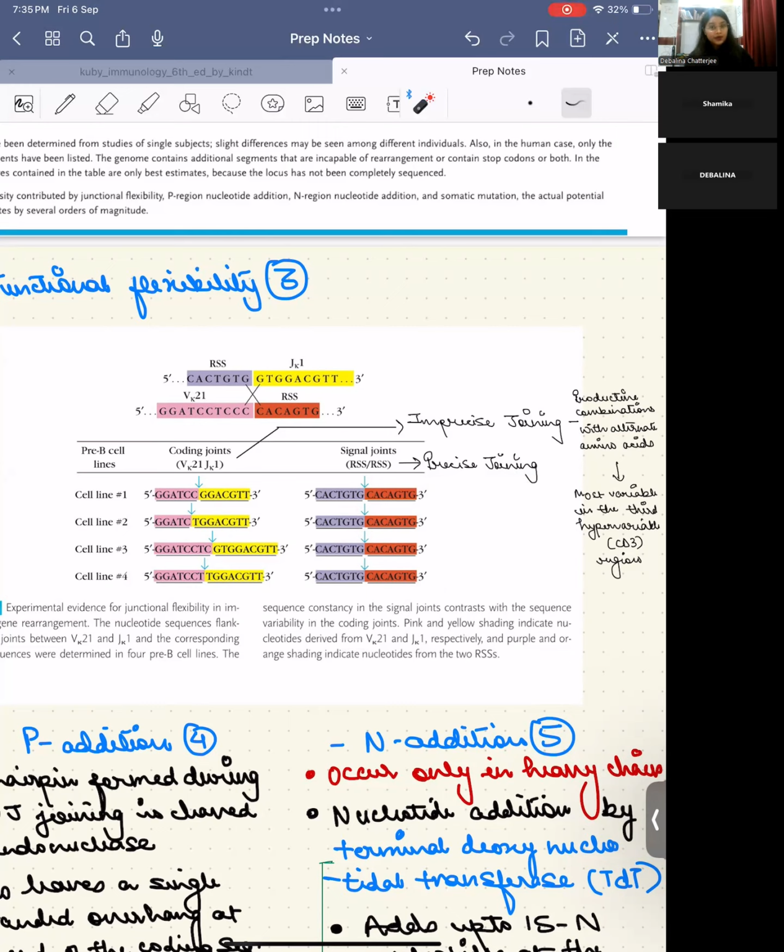But when people tried to sequence the final processed transcript, they found that the joining here is precise, but the joining of the coding joints was in some way imprecise. Imprecise means that if the primary transcript was having an ATGC sequence, people found an AGGC sequence. So maybe one or two nucleotides were added or something was missing. So this is an imprecise joining.